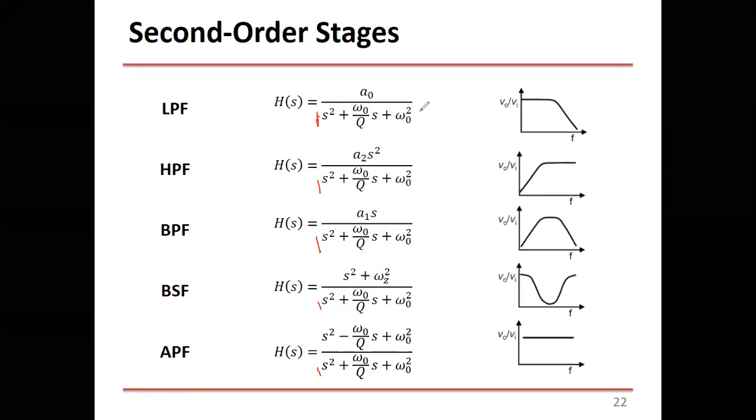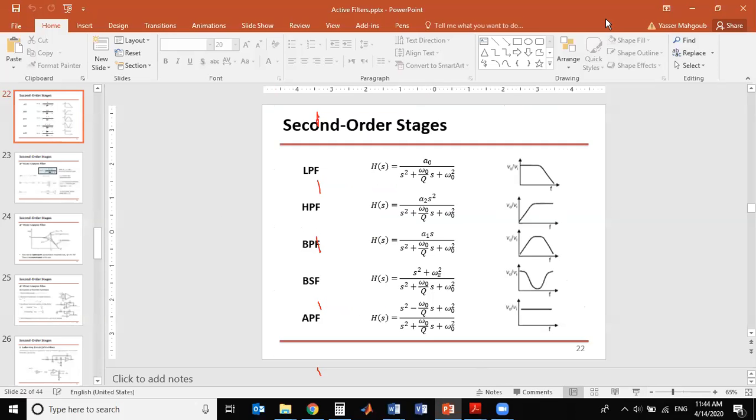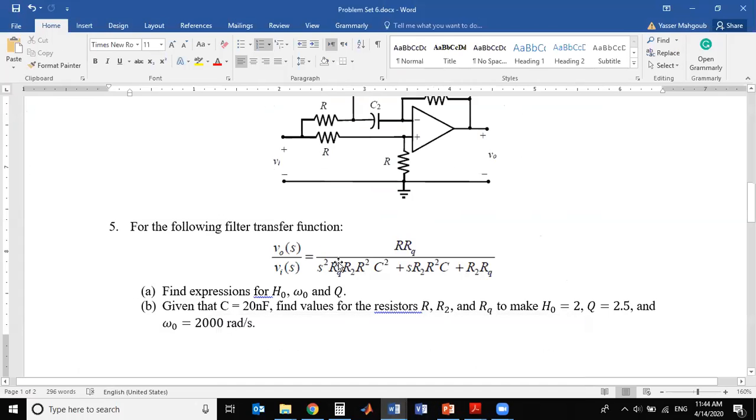If we go back to the question, you will find the coefficient of S square is not 1, right? So we have to convert this to the standard form. How?